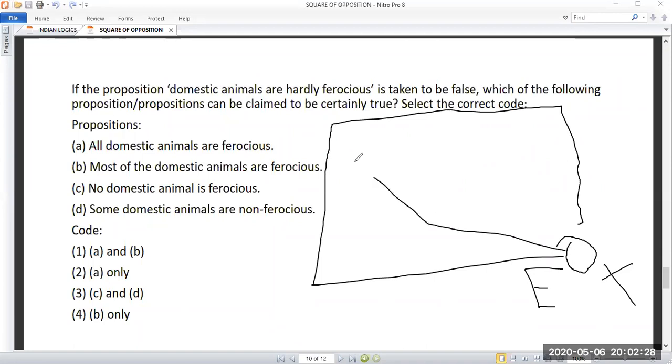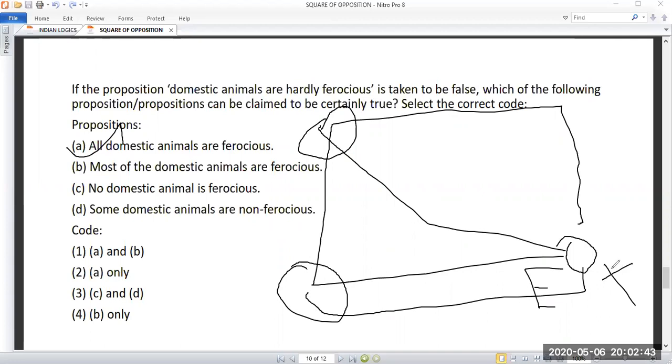So this is false, what will happen? The diagonal. Definitely this is true. So we had one answer. Second one: if this is false, what will happen? This is true. Both can be true, both cannot be false.